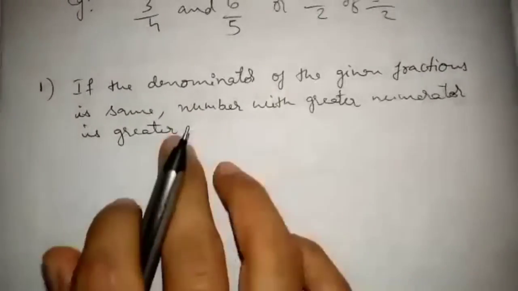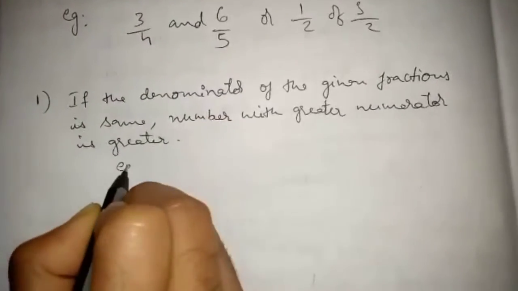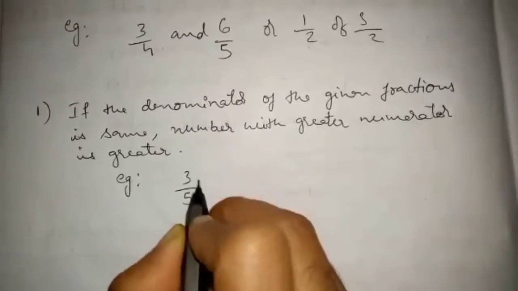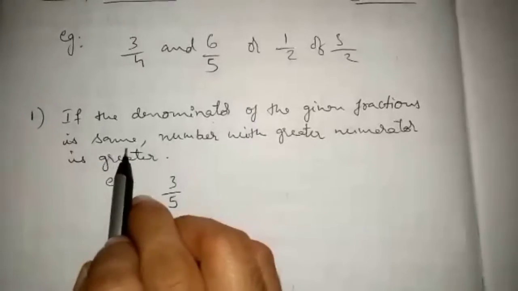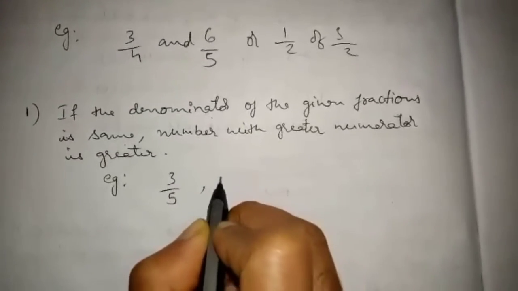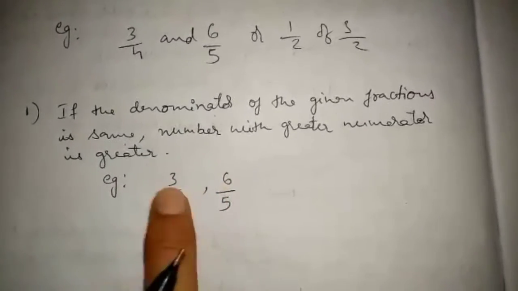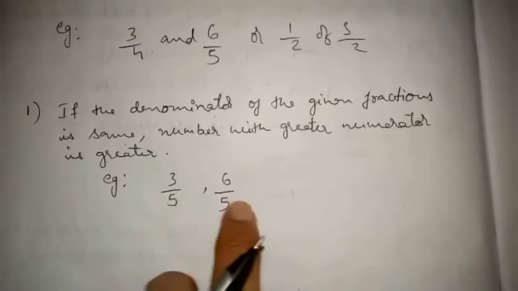So what that means is, you have to look at the denominator. For example, I'll take one example, 3 by 5 and 6 by 5. See, in these two fractions, denominators are same, right? 5.